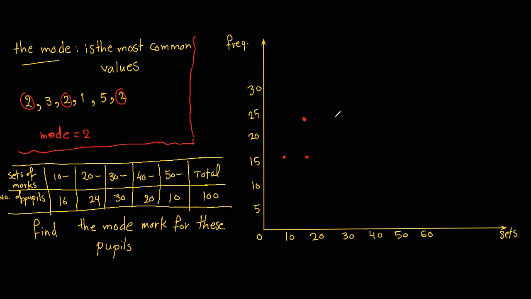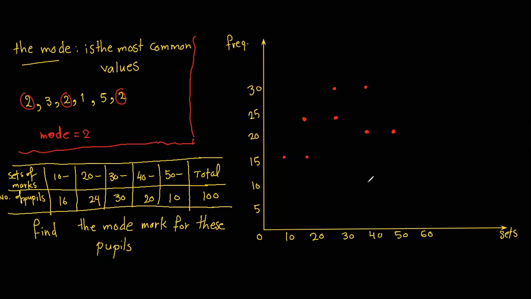And we have another value here. Then 30 to 40, it will be 30, the maximum value. It will be 30, and another 30 here. Then 40 to 50, it will be a point on 20, like here.